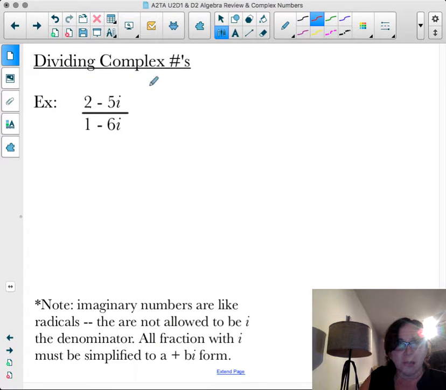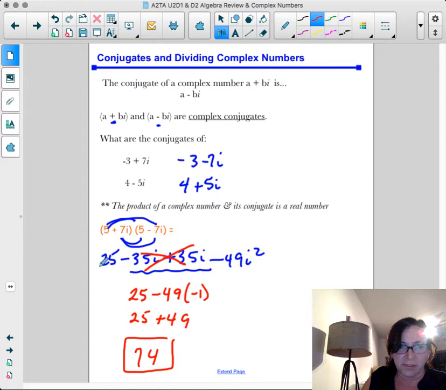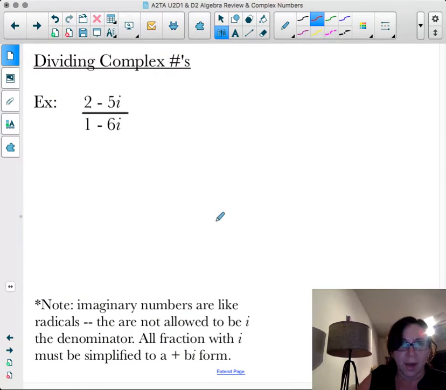So dividing complex numbers, again, with the same thought of what we just did here on the previous page. See how we started with 5 plus 7i. What we're doing right here is we lose the imaginary number here. That's what we want, because you can't have an imaginary number on the denominator. Imaginary numbers are like radicals.